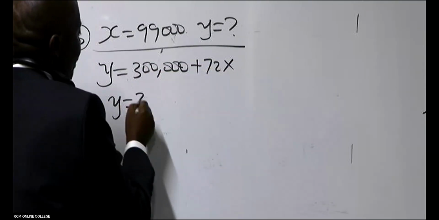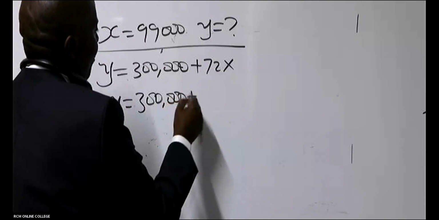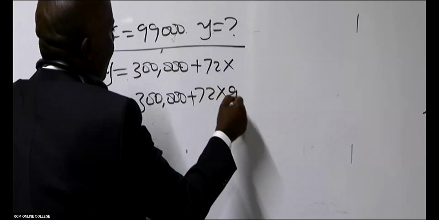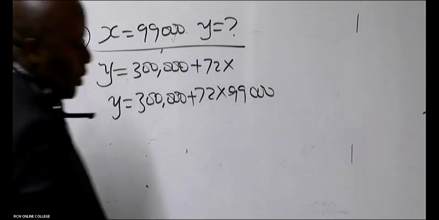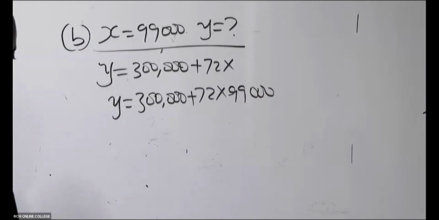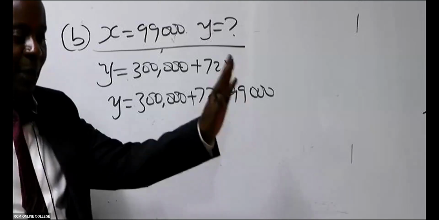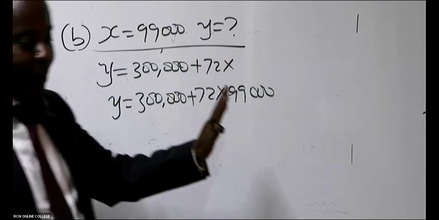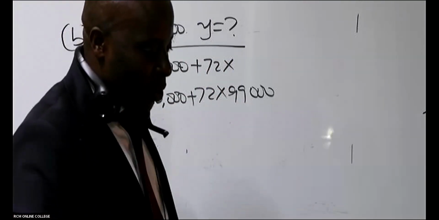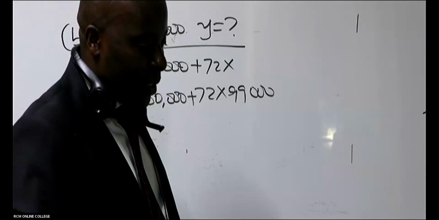So our Y will be 300,000 plus 72 times 99,000, which will end up giving us an ugly figure, right? Ugly figures, you write them. Online students, have you been able to get an answer?